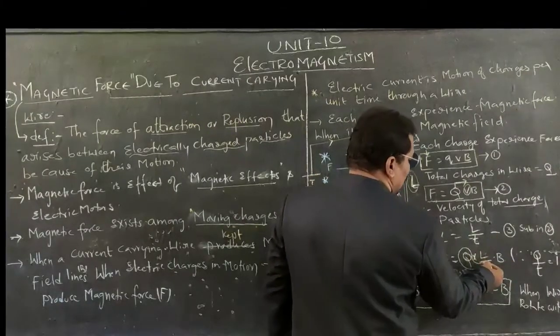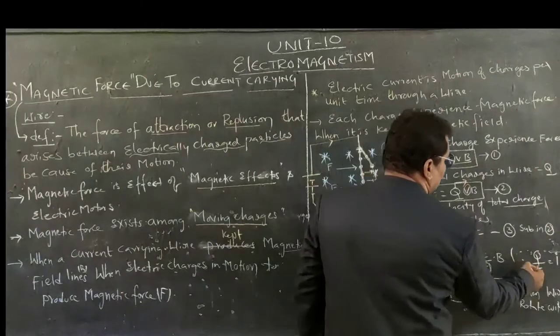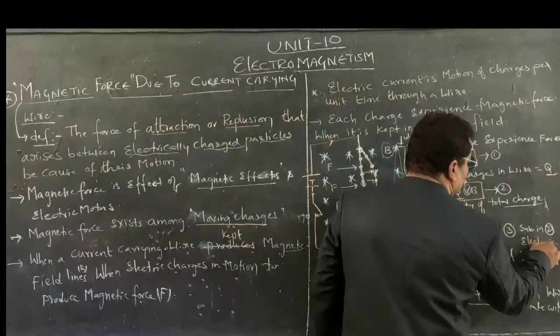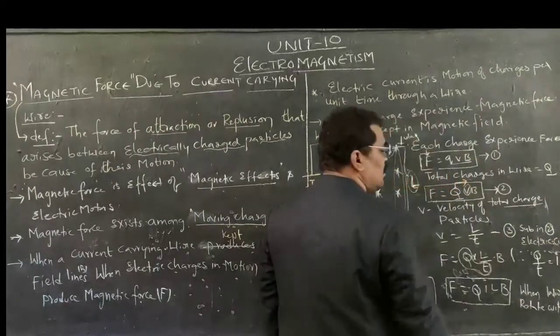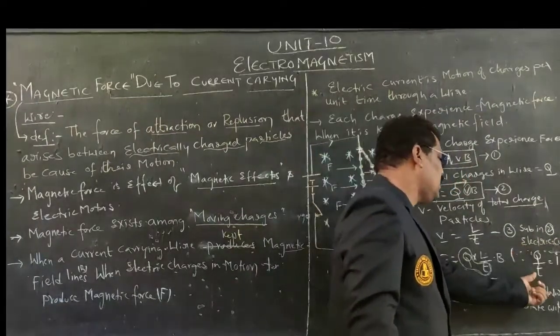But we know that Q/T is nothing but the electric current, meaning the rate of flow of charges per time interval.